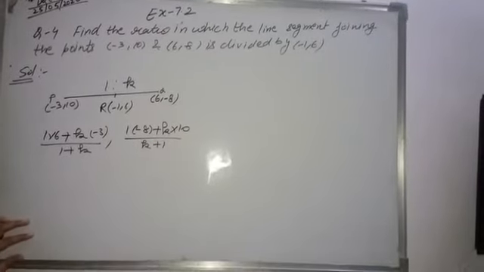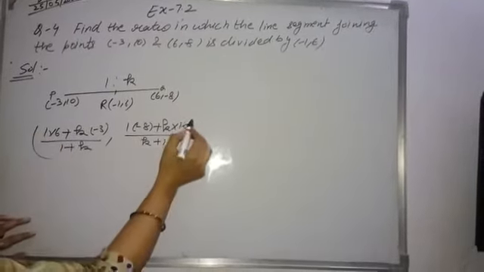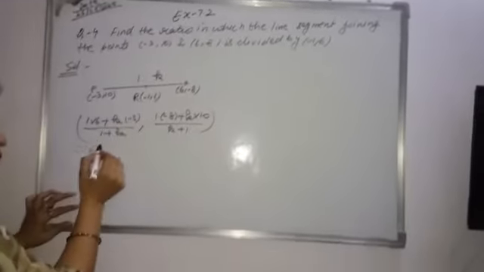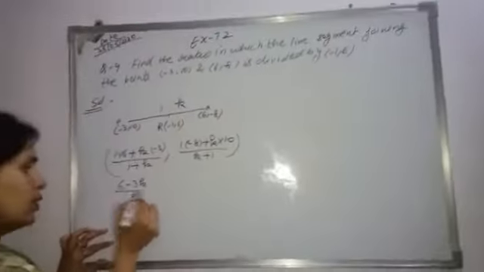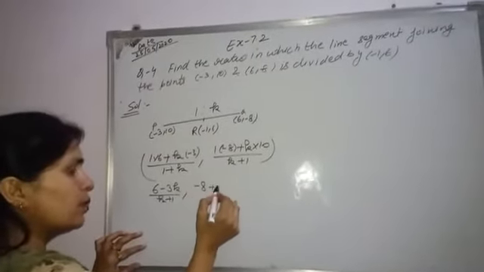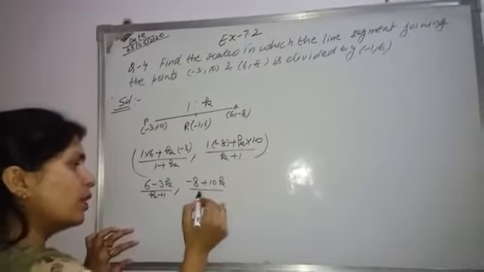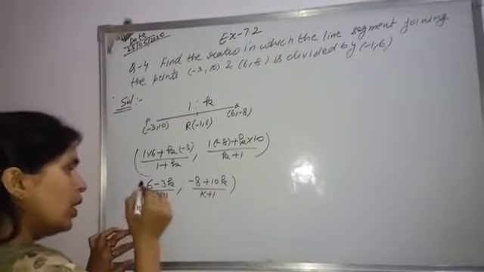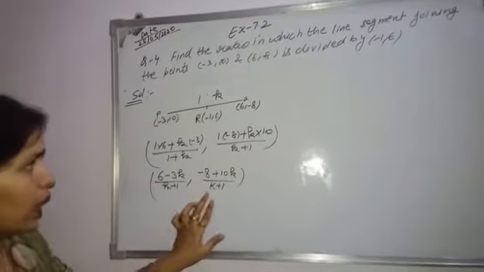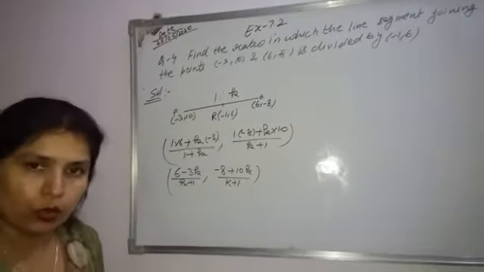This is our section formula. So with the help of the section formula we obtain this point: ((6 - 3k)/(k + 1), (-8 + 10k)/(k + 1)). This is the point with the help of the ratio 1:k.